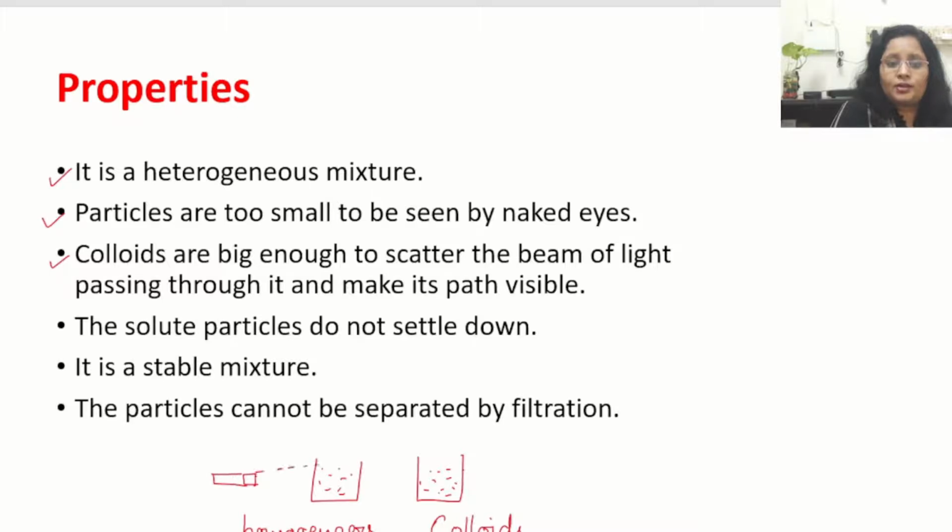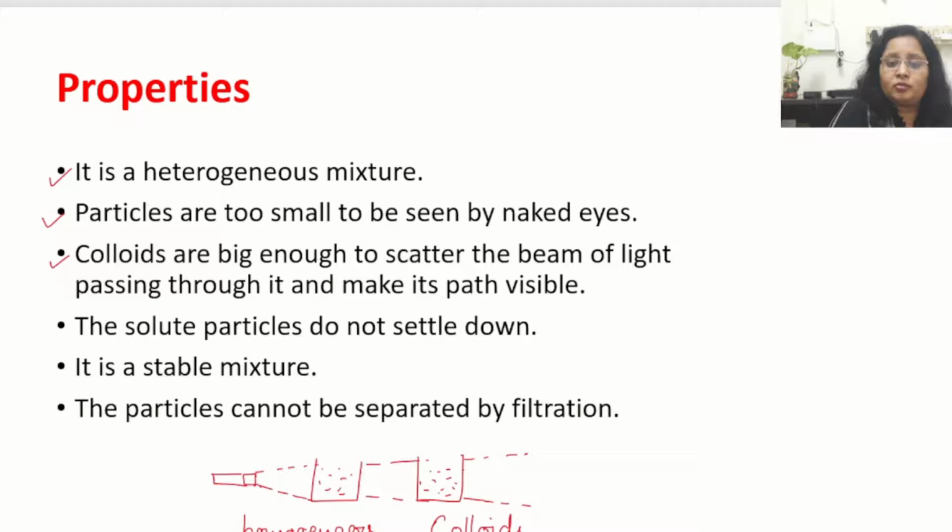Now if we pass the light through these solutions, what will happen? In a homogeneous mixture, or we can say solutions, the particles are very small, so they are not seen by the visible eye. That's why they are not able to scatter the beam of light and the path is not visible.